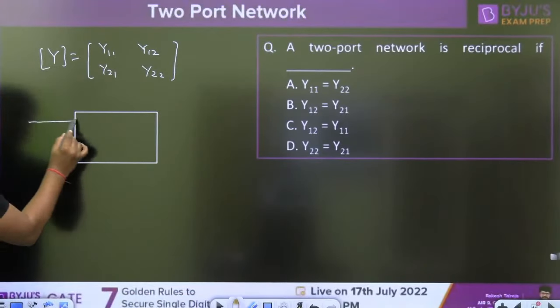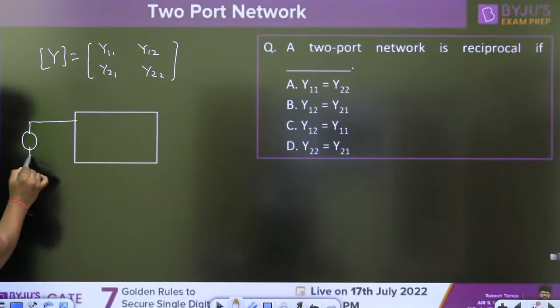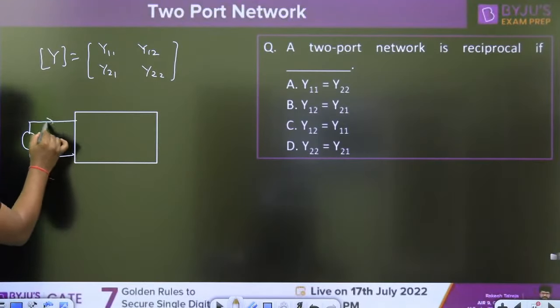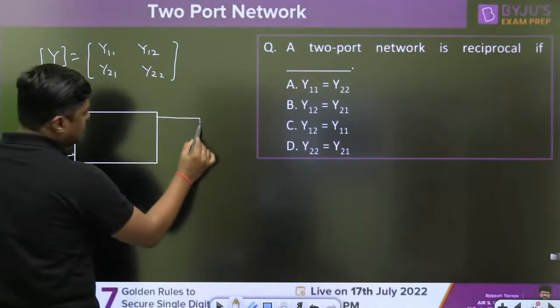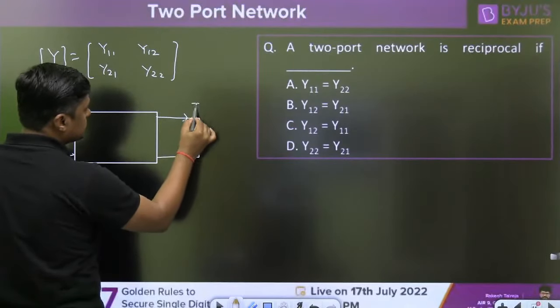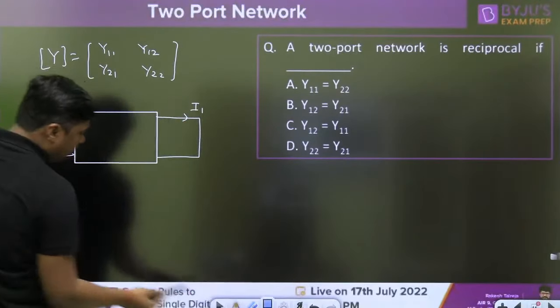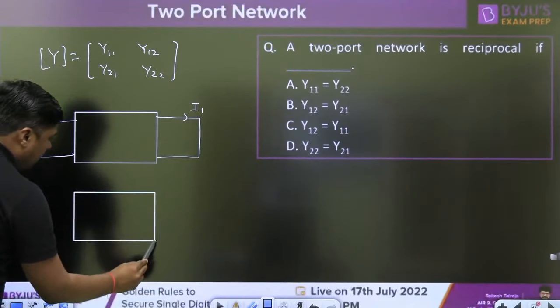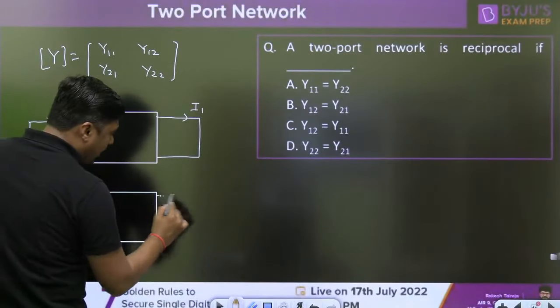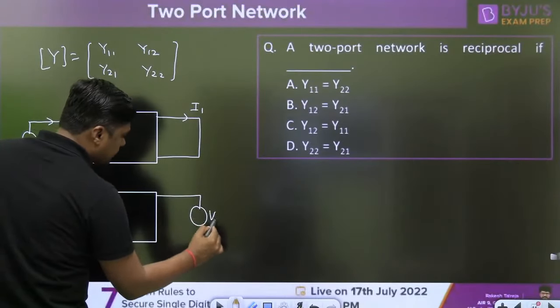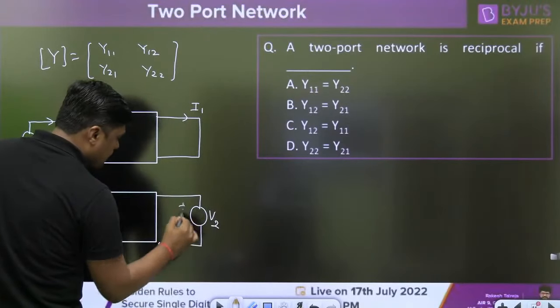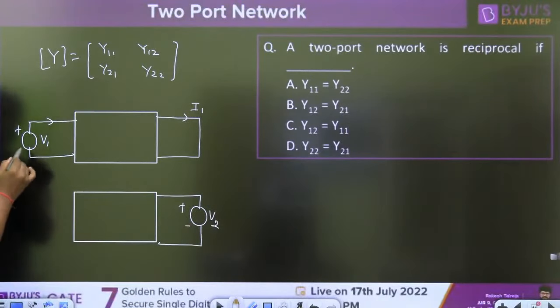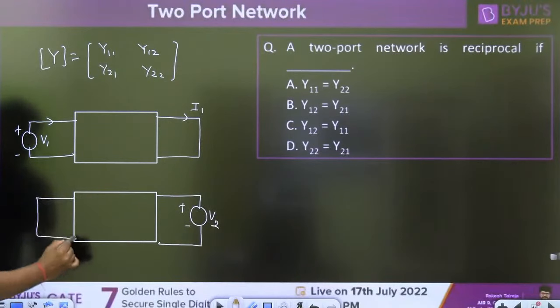Reciprocity means, suppose I am applying the voltage V1 here, and because of that I am getting the current I1 here. Now I am changing the position and applying V2 here, and what will be the current I2 here?